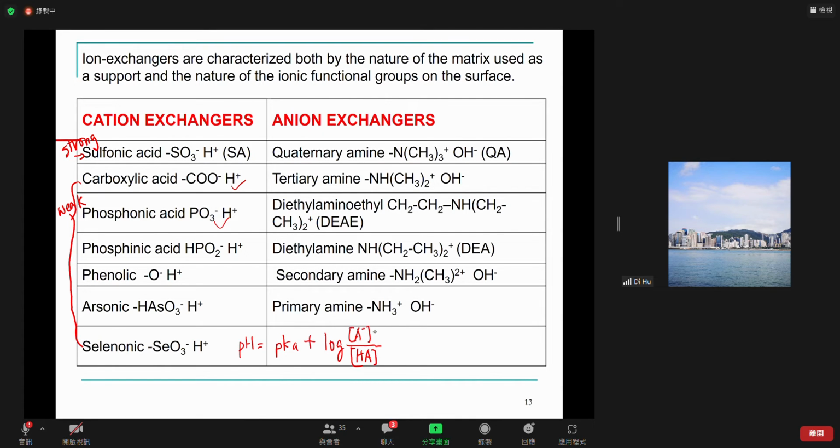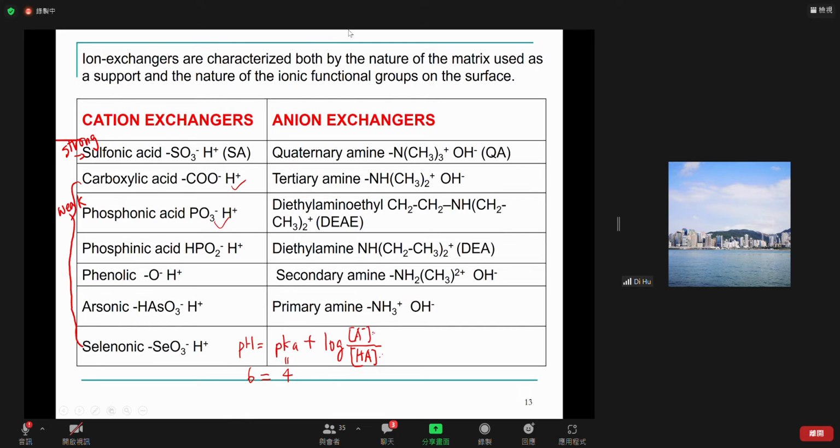For example, if you have a carboxylic acid with a pKa value of 4, and now you have pH equal to 6, can anyone tell me whether the acid is in a charged form or a neutral form? Which form should it be?